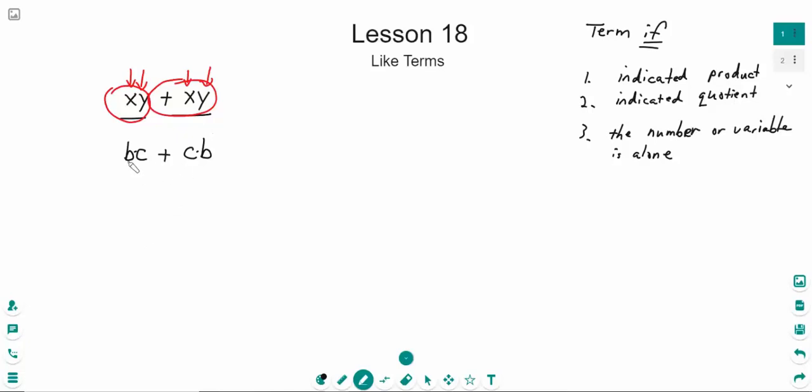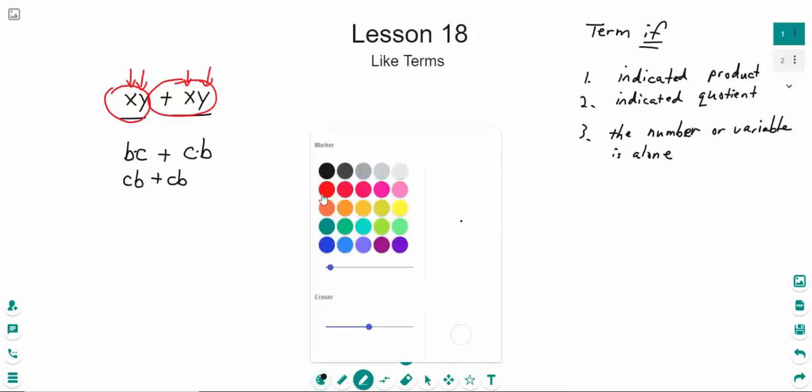Instead of writing this as BC, we could write this as CB, and we're not going to change the value of that product at all. That's the way the commutative property works. If we switch these around and rewrite it, we can see that they are exactly the same, just like they were in the first one.